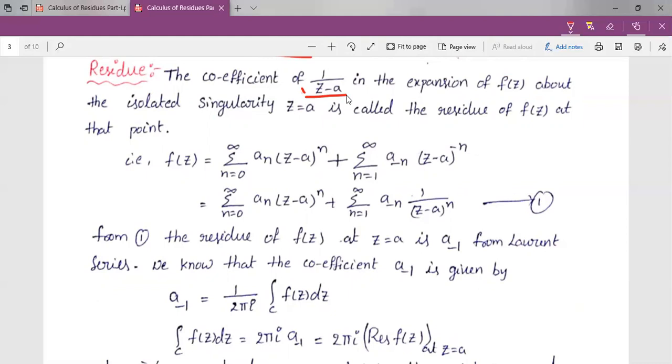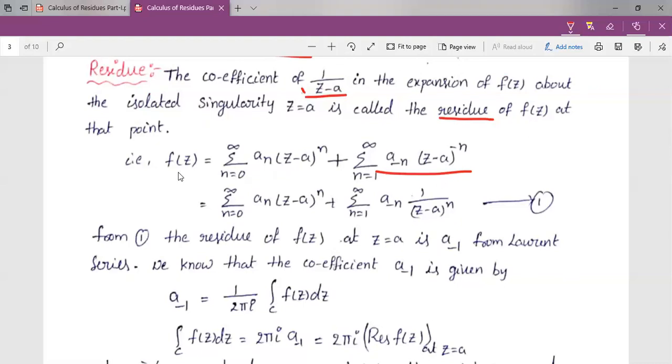So 1/(z − a) means the negative power of (z − a) at the isolated singular point z = a. From the principal part of f(z), we consider the residue of the function f(z). The coefficient of 1/(z − a) is called the residue of f(z).